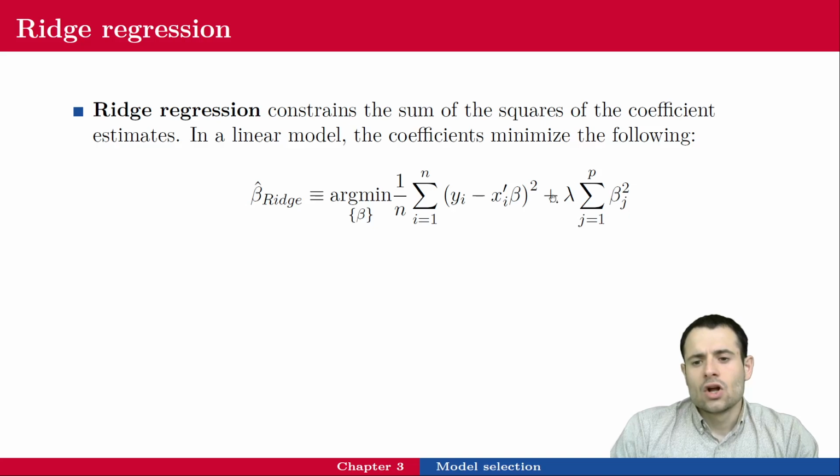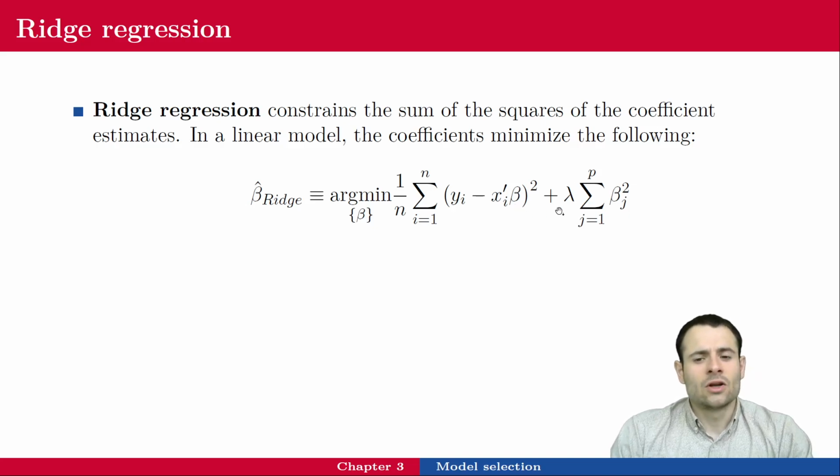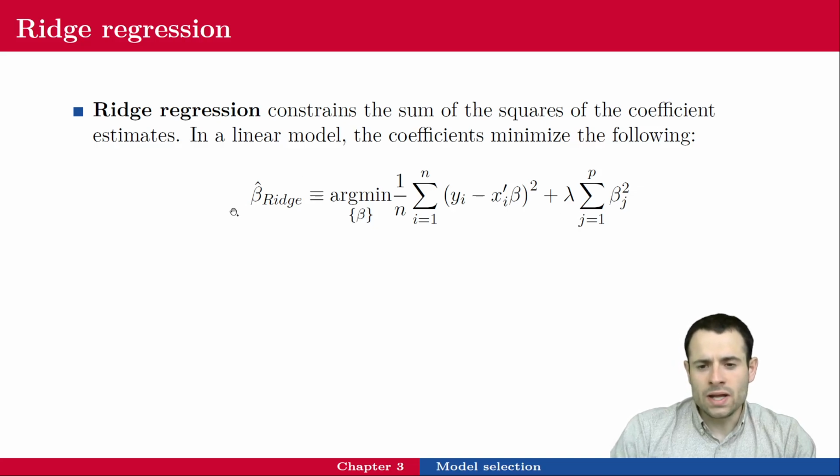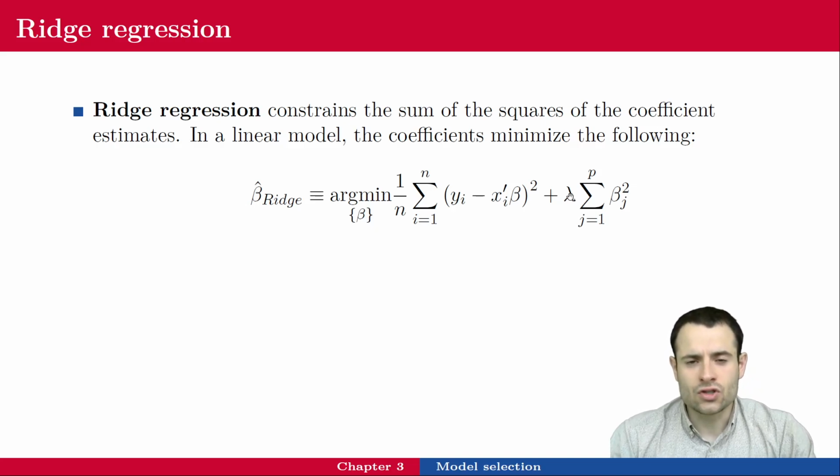Without this, the beta hats could be anything. They could be equal to 1 billion. Why not? This method is constraining their values overall as a sum to not be too high. Lambda here is coming from the fact that we are including a constraint. It is called a penalty term.